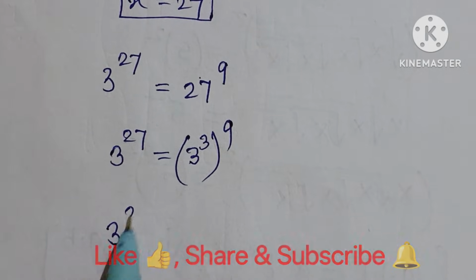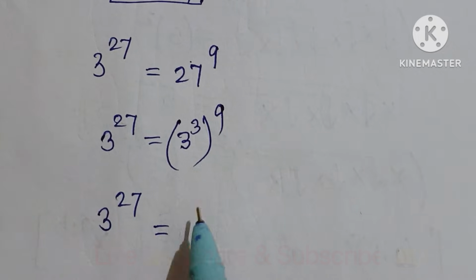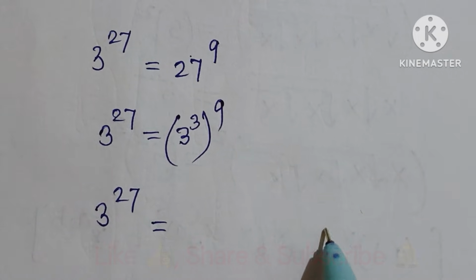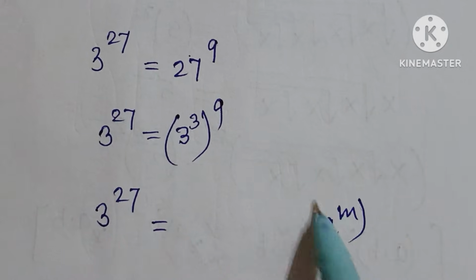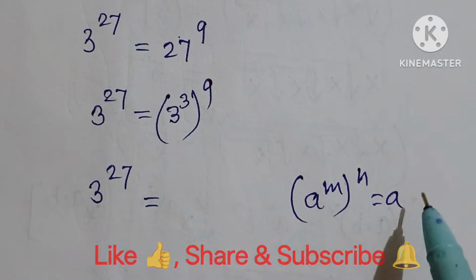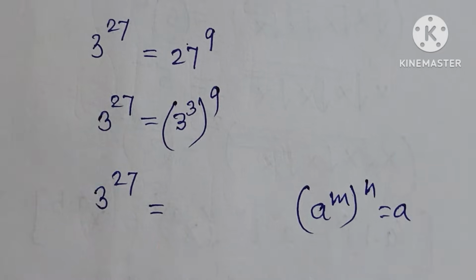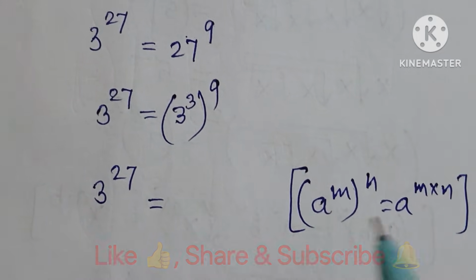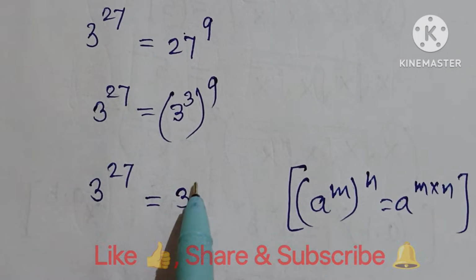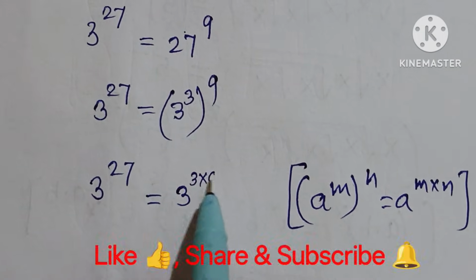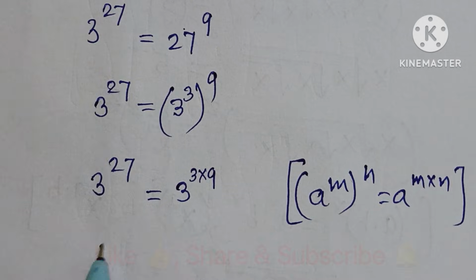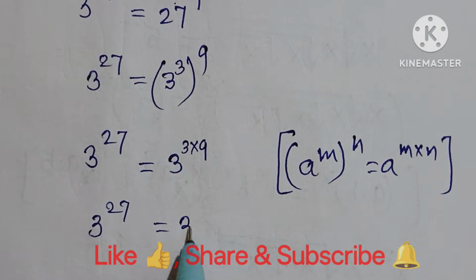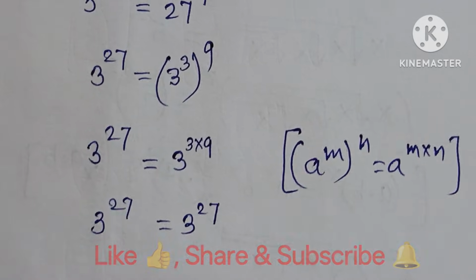Here we use the formula a raised to the power m raised to the power n is equal to a raised to the power m into n. This formula we will use here. 3 raised to the power 3 multiply 9, that is 3 raised to the power 27, equal to 3 raised to the power 27.